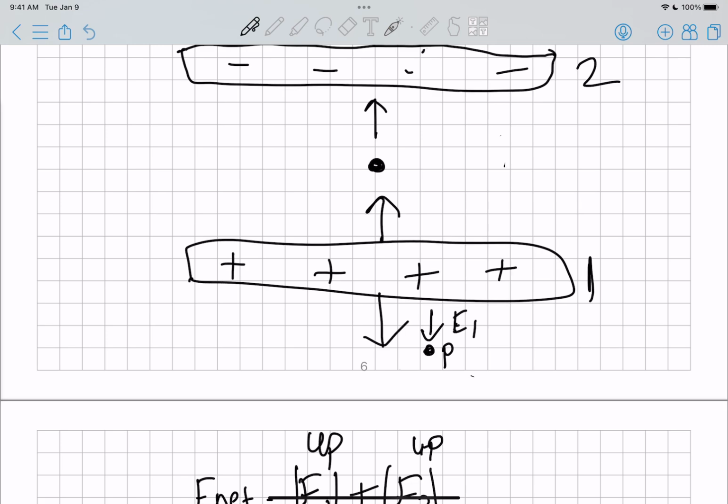That's E1, because the test charge at point P, once again, by convention, is positive. A positive charge would be repelled downwards because of this sheet charge. And then that same positive charge would be attracted upwards because of that negative sheet charge.